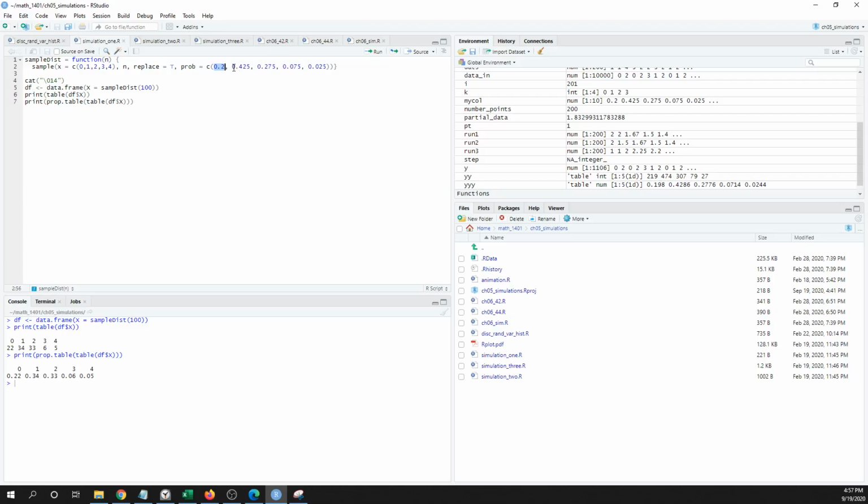For 1, it was 0.425, and you can see the proportion value was 0.34. For 2, it was 0.33, while the probability was 0.275, then 0.06 up here, 0.05, and 0.025. So you can see the values aren't exactly the same.